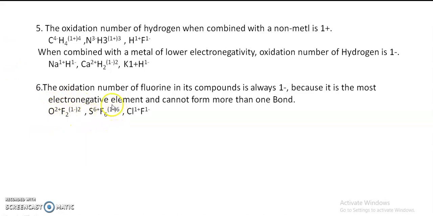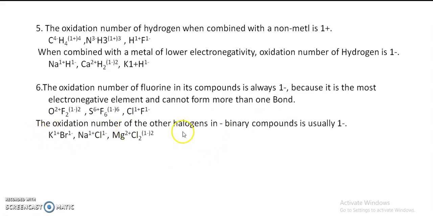Sulfur hexafluoride, fluorine has -1 oxidation state. ClF, fluorine has -1 oxidation state.